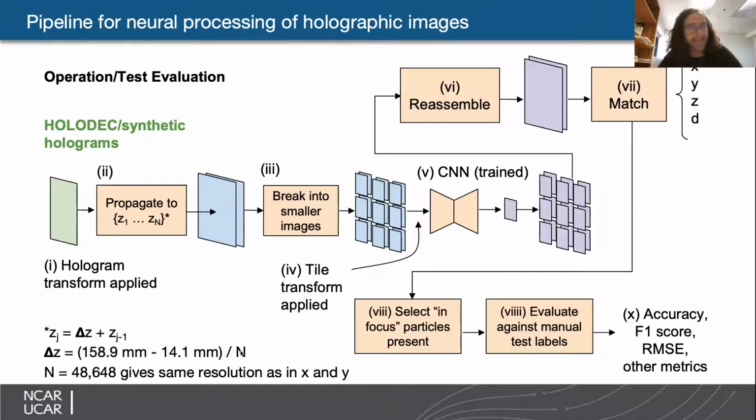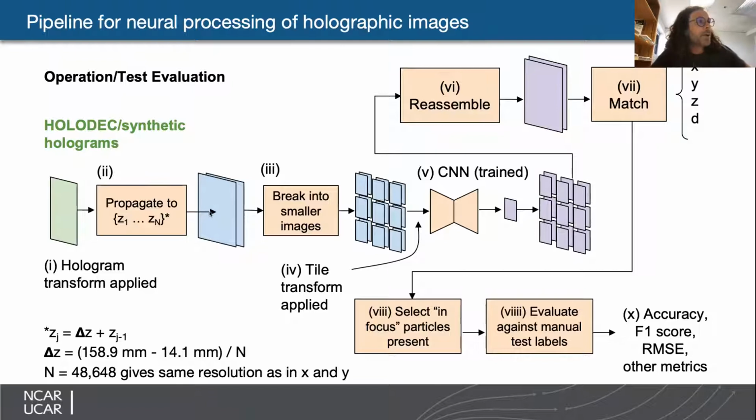So I'm just going to divide by n, where n is the number of wave propagation reconstructions we're going to perform here. Now, I noted earlier that we have a resolution of just under 3 micrometers in both x and y. So if I needed to do that many propagations along the z-axis, that would be 48,648 planes, which is a lot. So we're not actually going to do that many, but we're going to try.